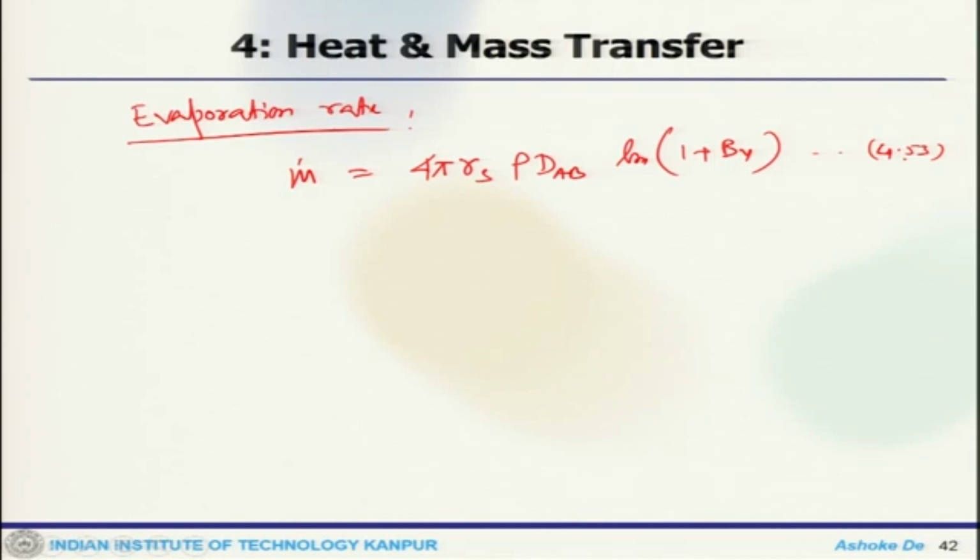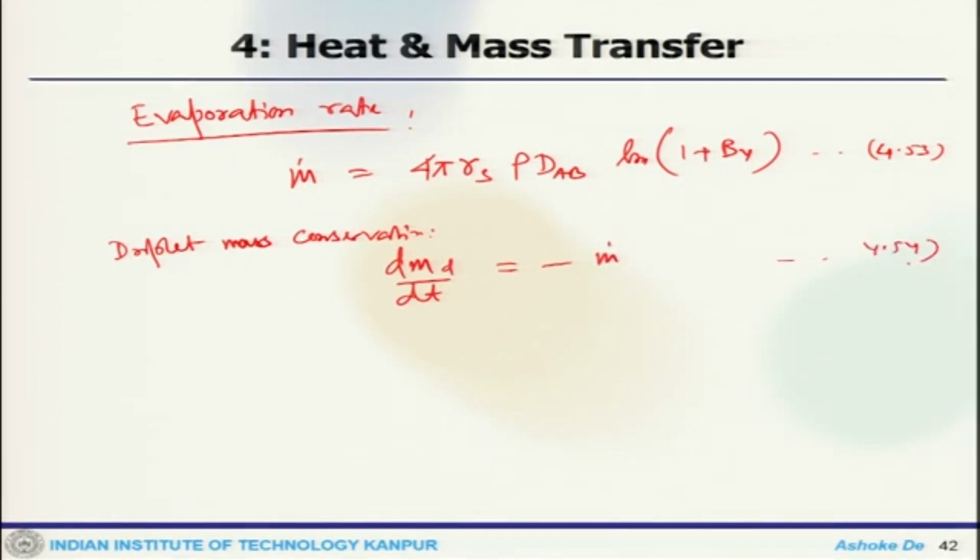Now, droplet mass conservation, that is also another thing. To look at that, the droplet mass conservation, we get d m d by d t equals minus m dot. That is what you get, where m d is given as rho liquid into volume, rho L pi d cubed by 6.